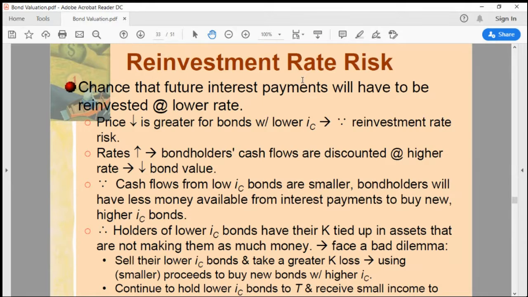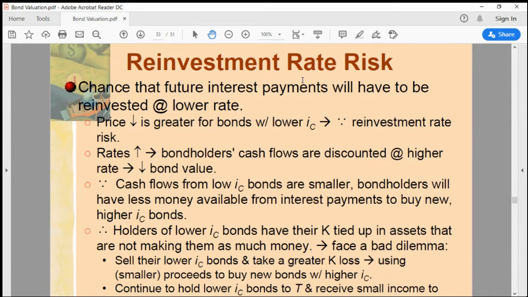Here's one example. This is not the only example of reinvestment rate risk. So suppose interest rate went down, right? You are holding a bond, but let's assume a callable bond. It applies to both non-callable as well as callable bonds, but if we assume a callable bond, the example will be more striking.